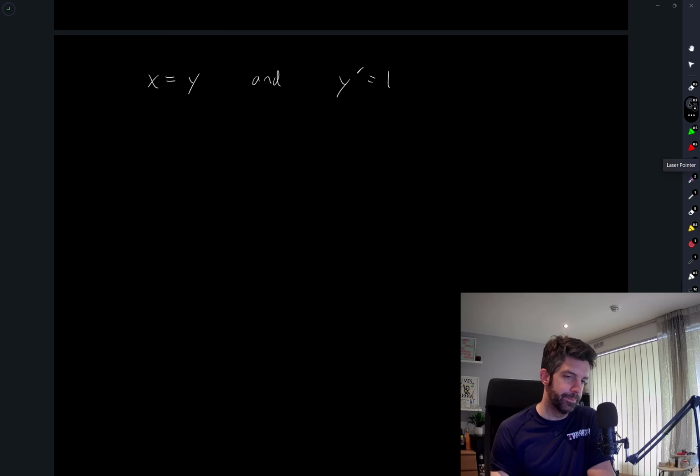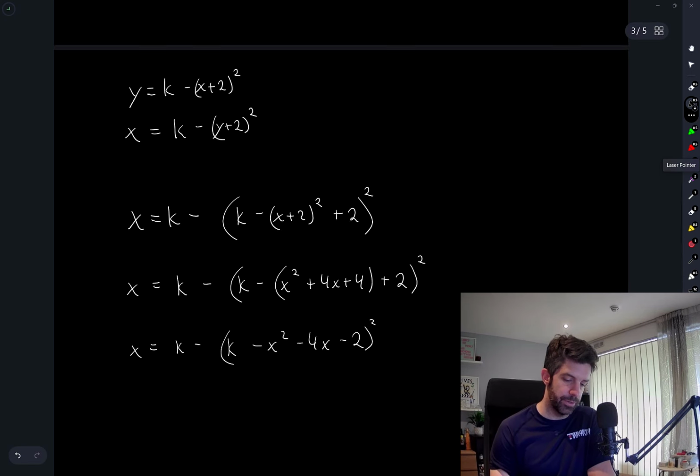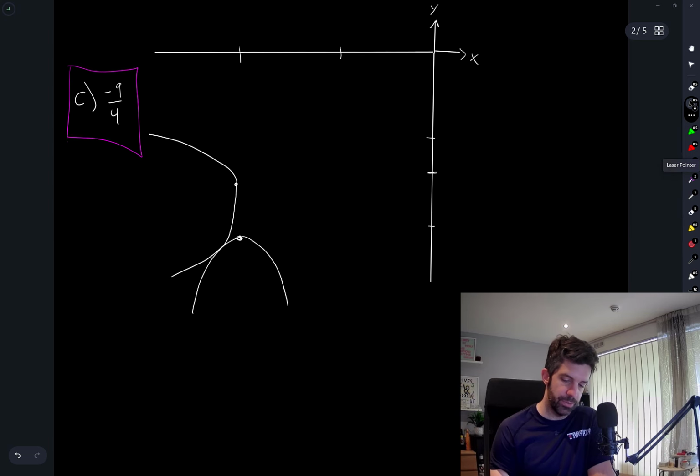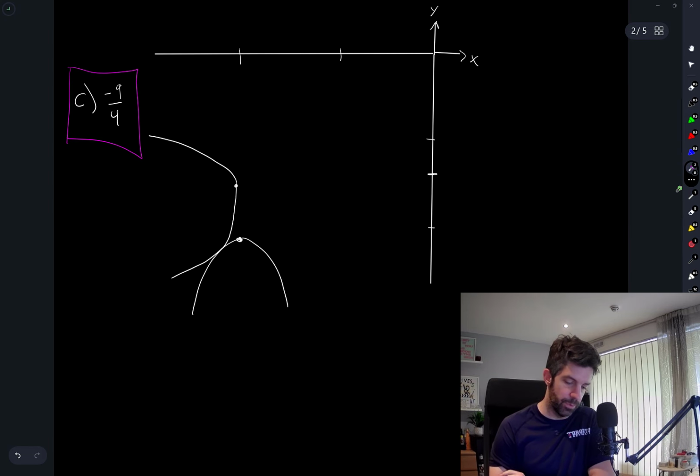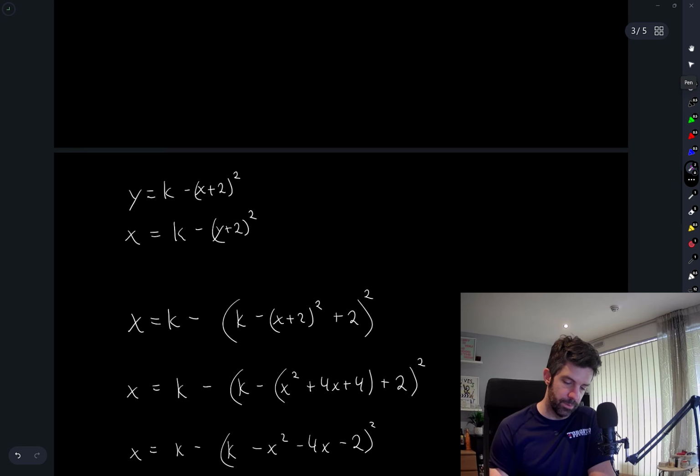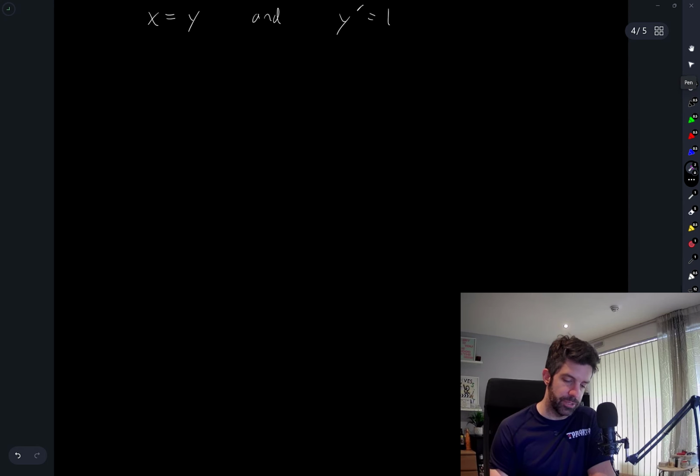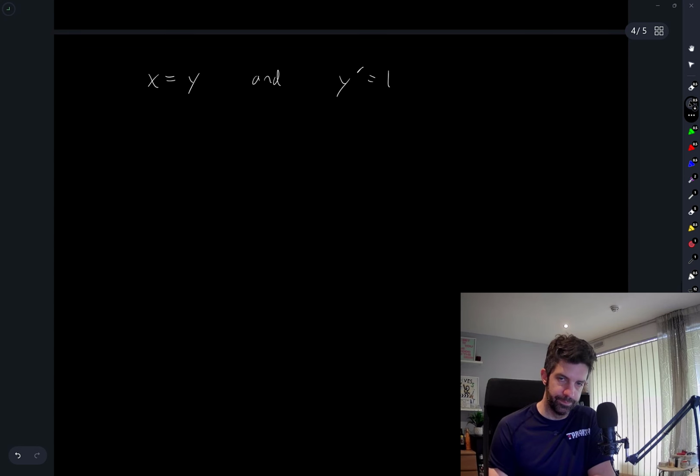But again, just graphically, I'm pretty sure the picture we're looking for is something like this. Okay, so maybe we can use this information to do something. So what I'm going to do is treat these both as functions and take a derivative and see what happens.